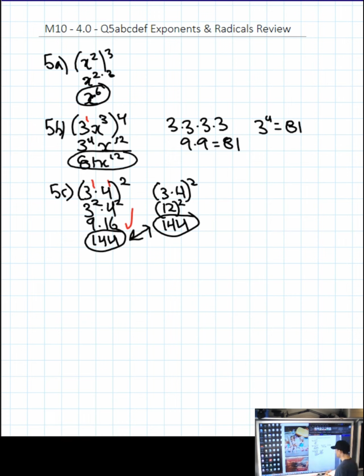So notice we have the method BEDMAS, B-E-D-M-A-S. Now, this is a law that we're not allowed to break, but it doesn't mean we have to perform it in exactly that order. Notice, in the example on the left, I did exponents first, then multiplication second, which is the correct order.